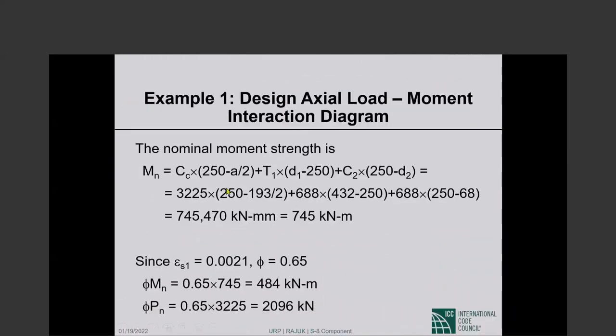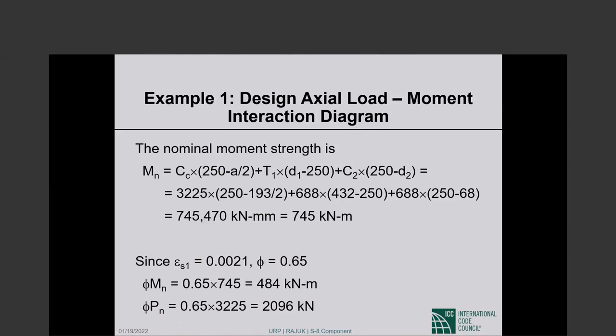M sub n, by taking moments of the three forces about mid height of the section, comes to 745 kilonewton meters. Epsilon sub S1 now is 0.0021. So this is the beginning of compression control.